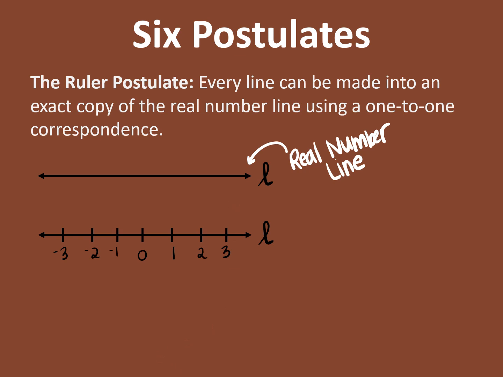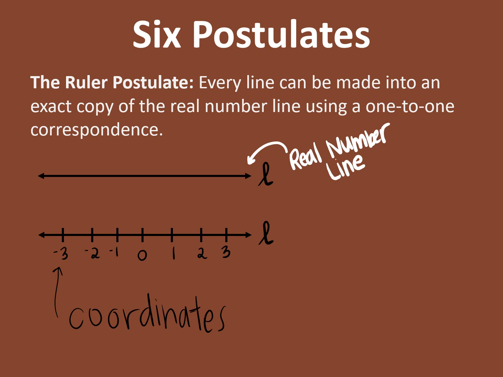So let me write that down. These are called coordinates. Coordinates are important because that's what allows us to find the length of a line, or the length of a line segment, which we'll talk about in a minute.